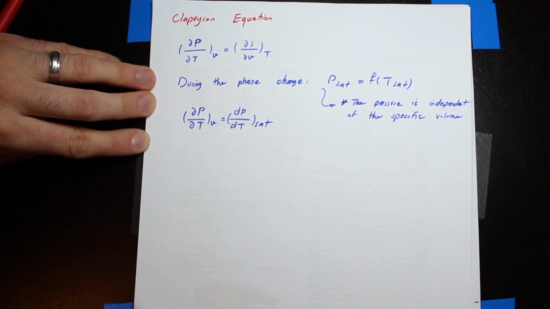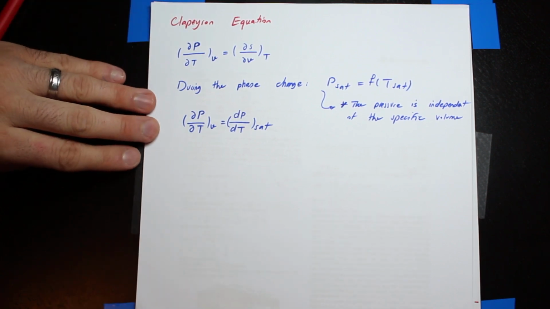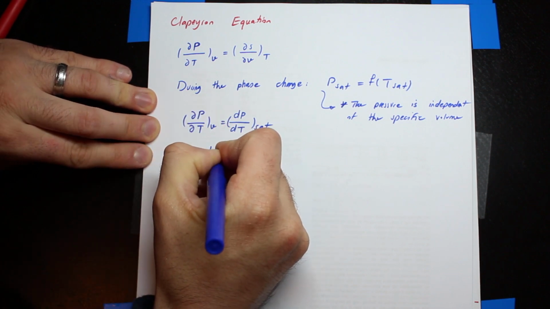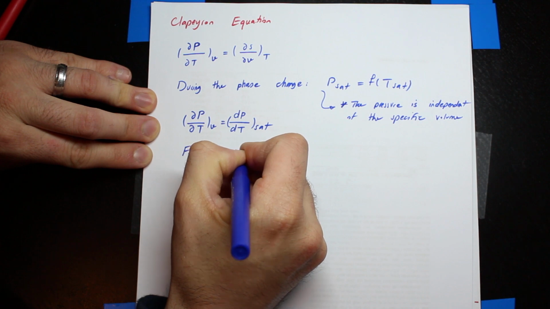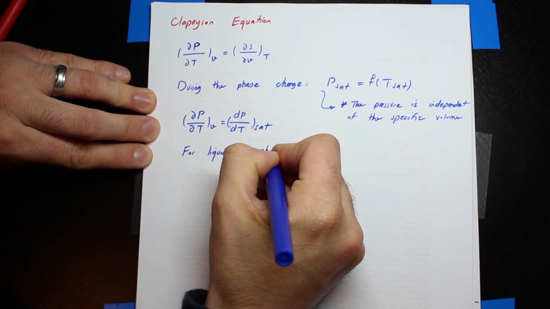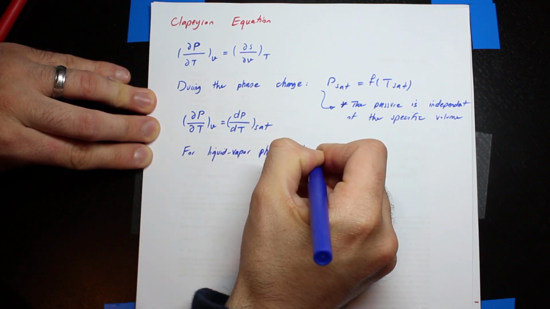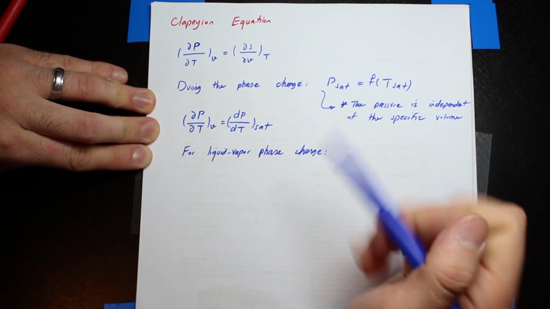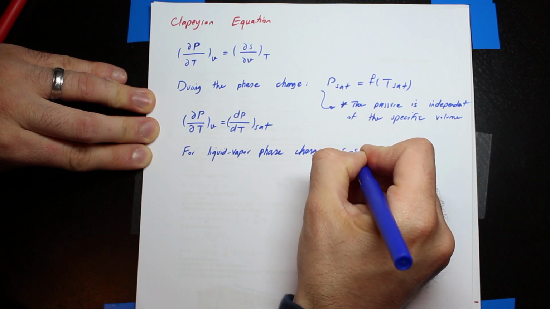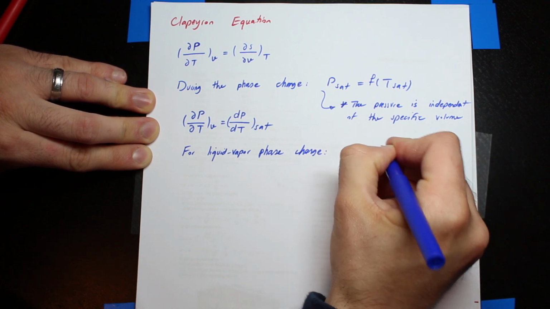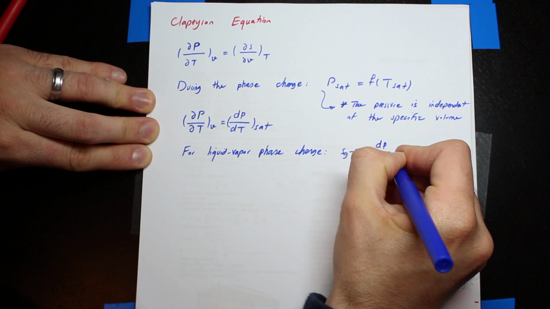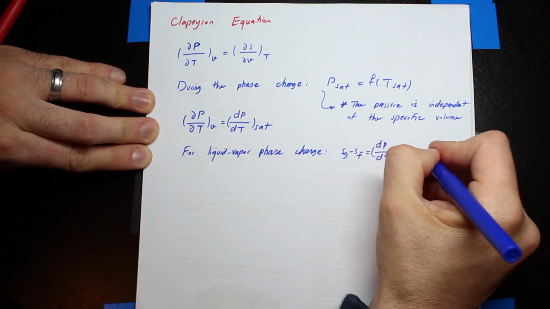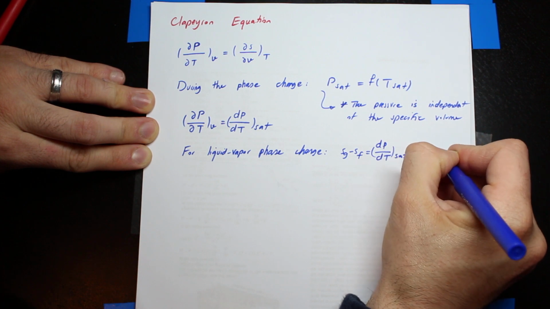So that tells us that for liquid vapor phase change, according to this equation here on top, we will have Sg minus Sf is equal to dP over dT during the saturation, obviously we are talking about the phase change, multiplied by Vg minus Vf.